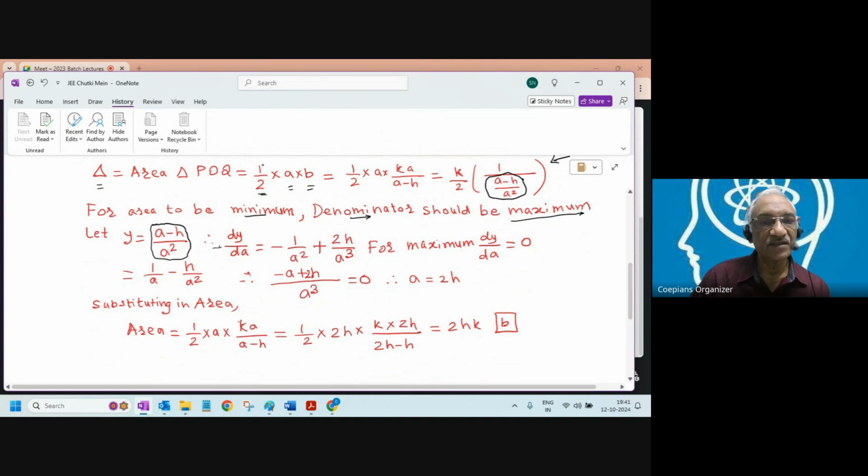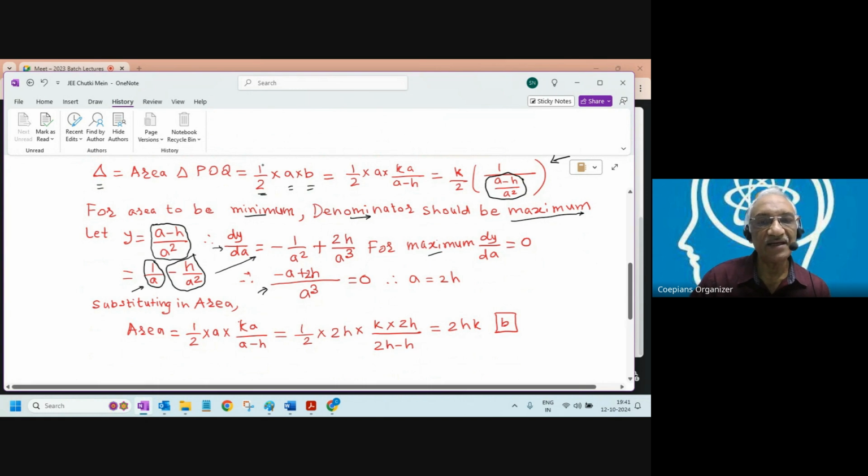So we differentiate it, and for maximum it has to be 0. I wrote (a minus h) upon a square as 1 upon a minus h upon a square, dividing by a, so differentiation becomes easier.